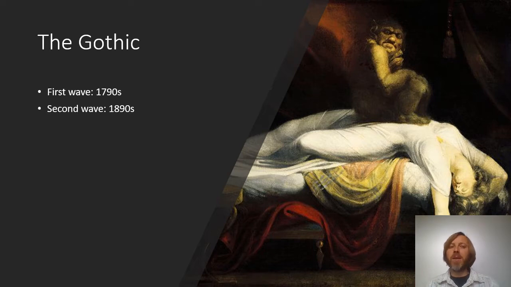But there is a second wave of great Gothic writing that comes at the end of the Victorian age, at the end of the 19th century, with classic texts like Bram Stoker's Dracula, Oscar Wilde's The Picture of Dorian Gray, or Robert Louis Stevenson's Jekyll and Hyde.